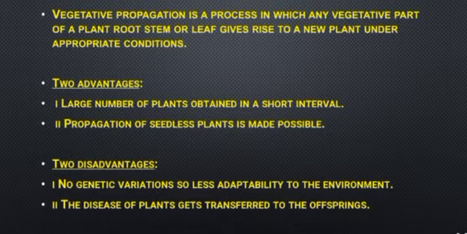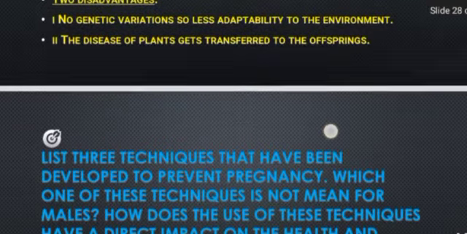We can also take it as a disadvantage, since all the diseases or any kind of problems in the parent plant continue in the coming generations also. So these are the advantages and disadvantages of vegetative propagation.